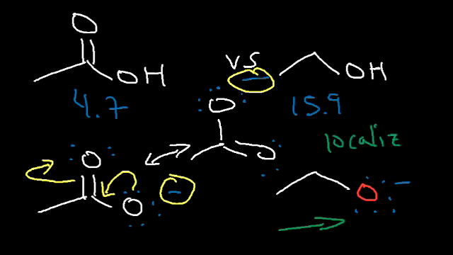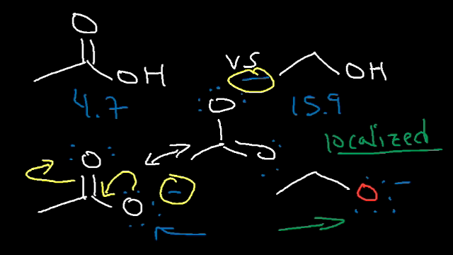The term localized means that they're stuck where they are. They can't really move. However, the electrons in this oxygen atom are not localized. They're delocalized because they can move between two oxygen atoms.